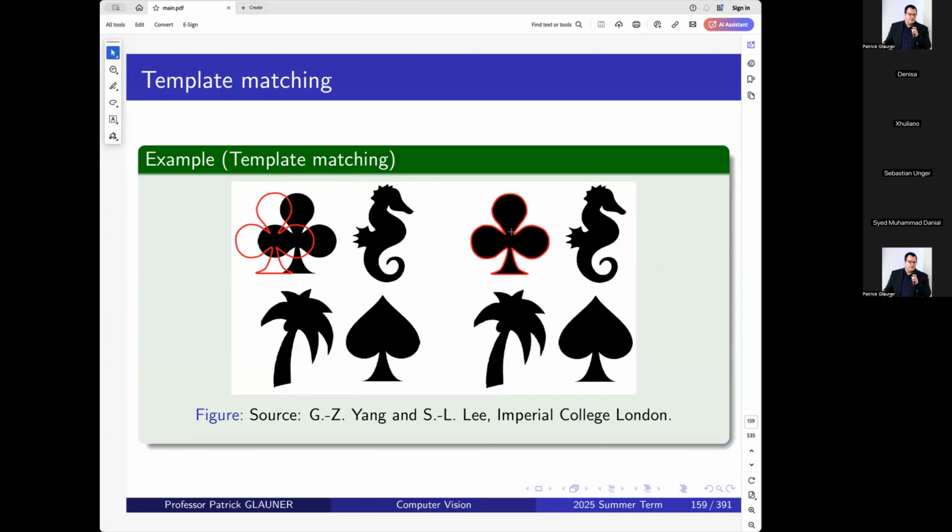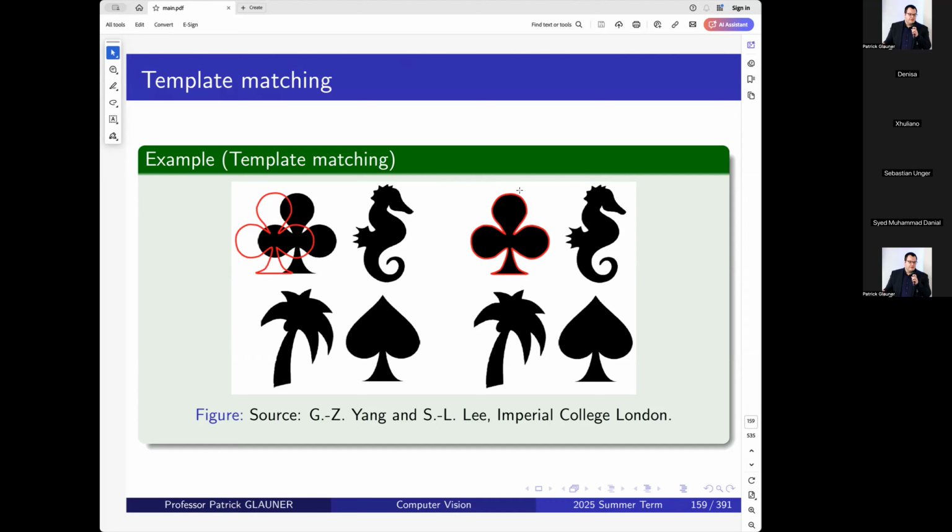If we move this around, we would have a low intersection with this object here, a low intersection with the palm, maybe somewhat of an intersection with this object, but with this object we get a very large intersection, and it looks like a perfect match. And then we would have found our object. All we do is move the template around pixel per pixel on the X and Y axis, and try to find where the template has a huge intersection with an object.